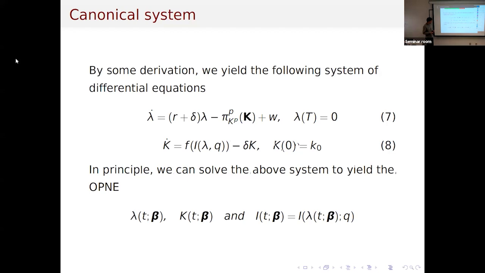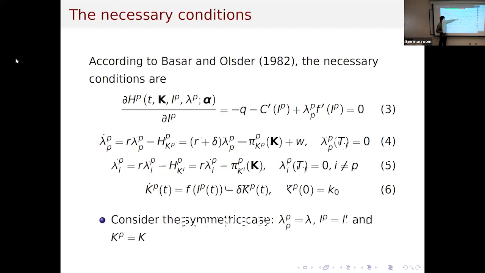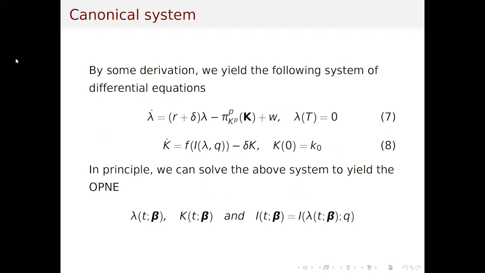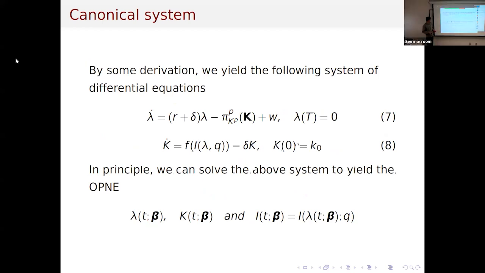Then from equation 3, from this first order condition, we can get the open loop Nash equilibrium I, which depends on lambda and the parameters. If we have some functional forms on pi and f, we can end up with closed form solutions.